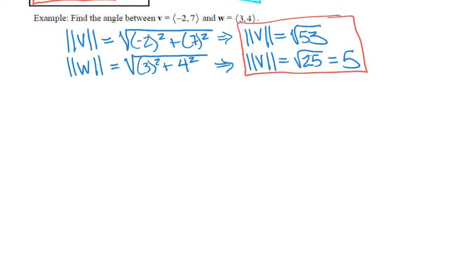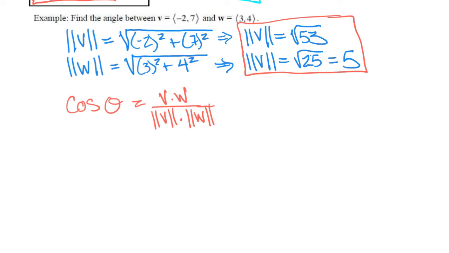So working with our formula, cosine of theta is going to be the dot product, V dot W, divided by the magnitude of V times the magnitude of W. Okay, and we already have all of our pieces, we just need to put it together.